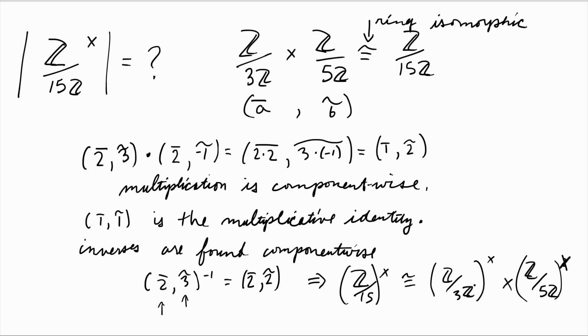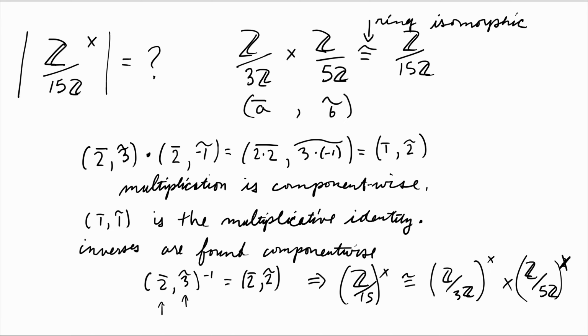So this multiplicative group cross this multiplicative group gives you isomorphically this one right here, in thinking of ordered pairs and how they work that way. Because really, we're just taking inverses in each component, and the way you get elements that have inverses is you just want elements that have inverses in each component. So it really just amounts to such a set product, or a group product, a ring product, or a direct sum, if you will.